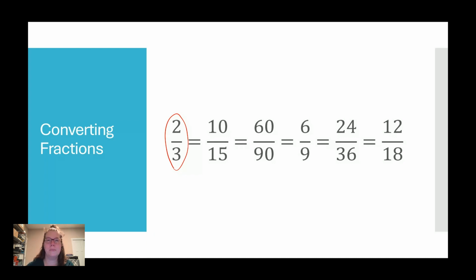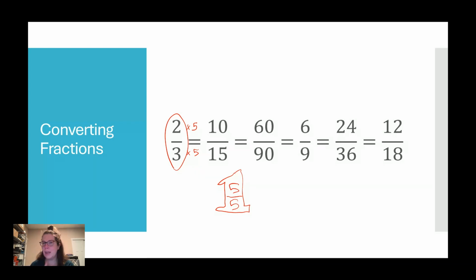Because when I multiply 2/3 by 5, as I did here to get 10/15ths, that 5 over 5 is really just a big 1. 5/5 is the same as 1. So I'm not changing the value of my fraction. I'm just changing the way it's represented. So I'm multiplying it by this invisible 1 by multiplying the top and the bottom by 5.